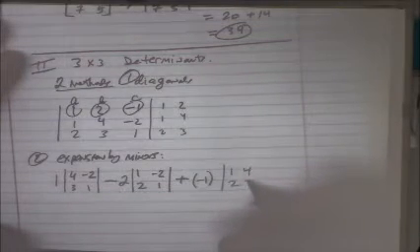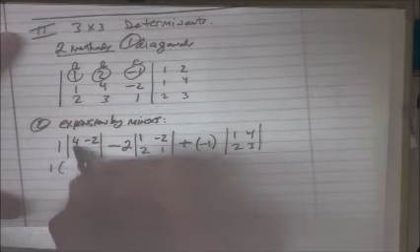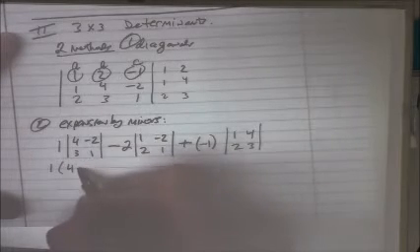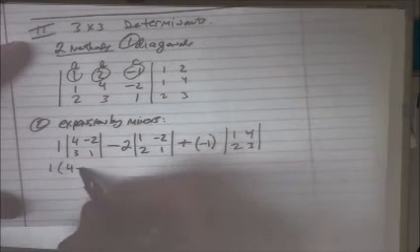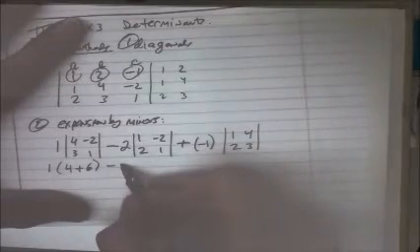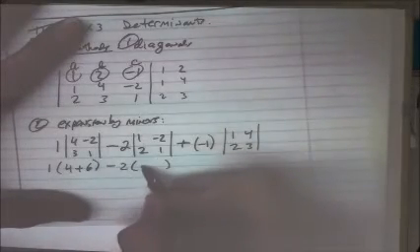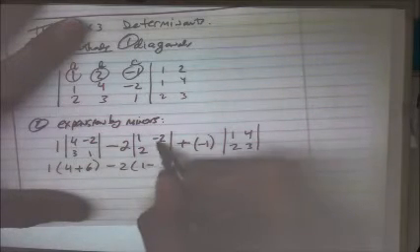Now we multiply these together. 1 times 4 times 1 is 4, minus 3 times negative 2, which is negative 6, and minus a negative makes it plus 6. Then we subtract 1 times 1 is 1, minus negative 4, so that's plus 4.